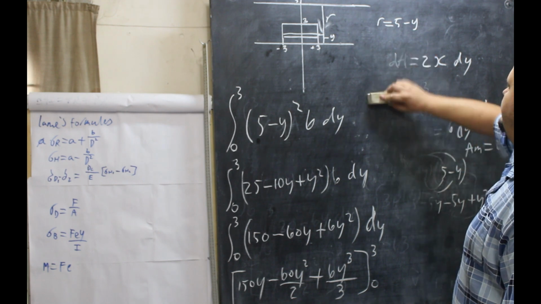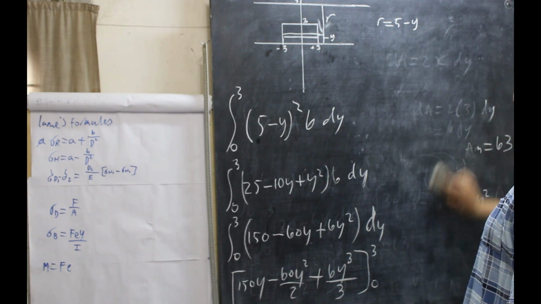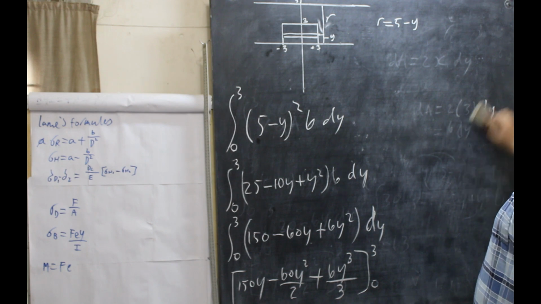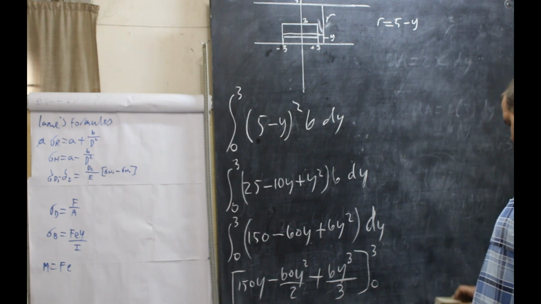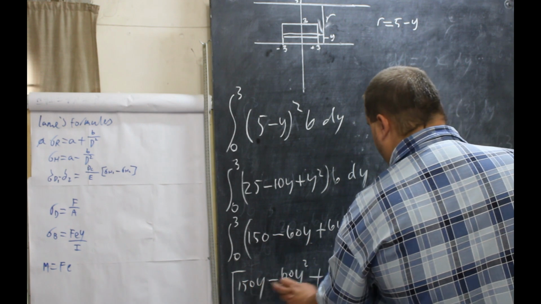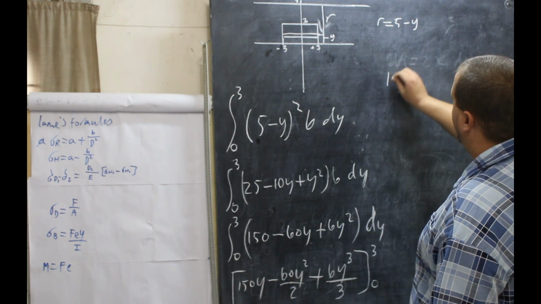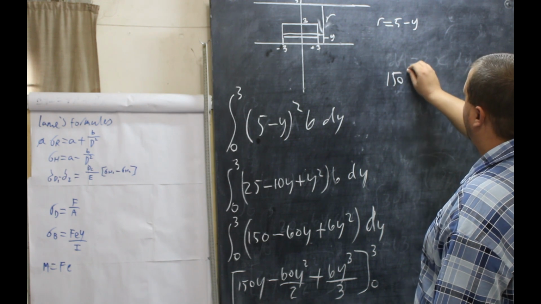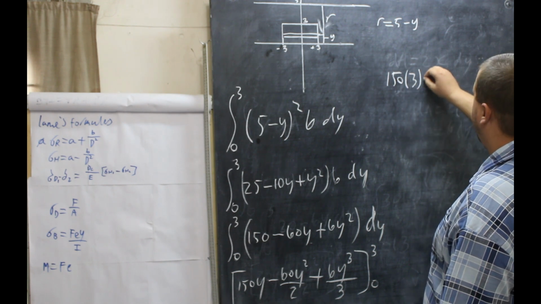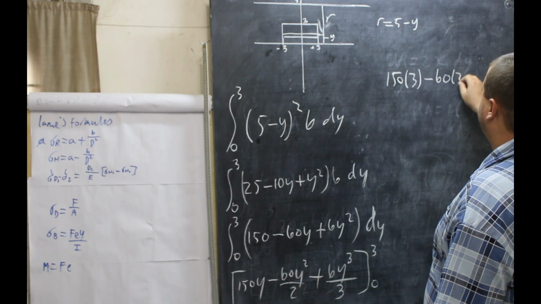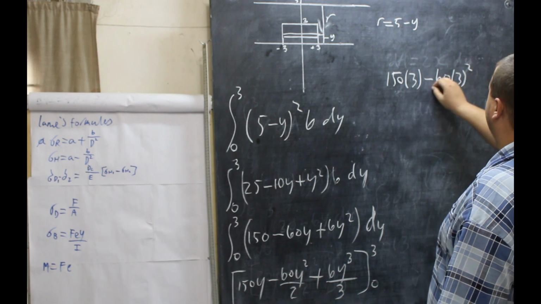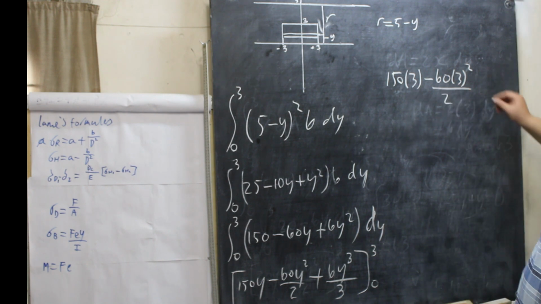So, what we need to do now to get our second area moment is put all this in. So, 150 times 3 minus 60 times 3 squared over 2 plus 6 times 3 cubed over 3.